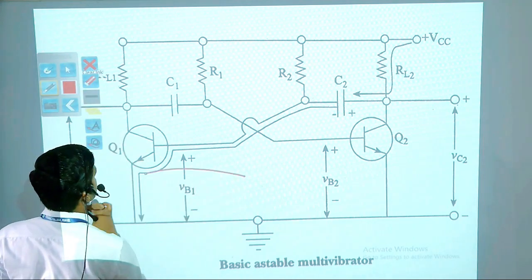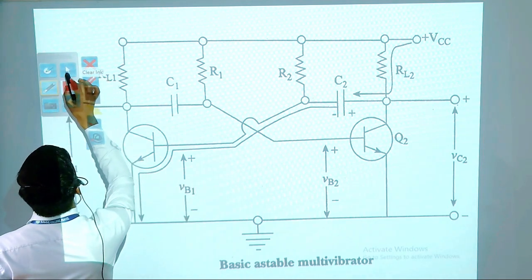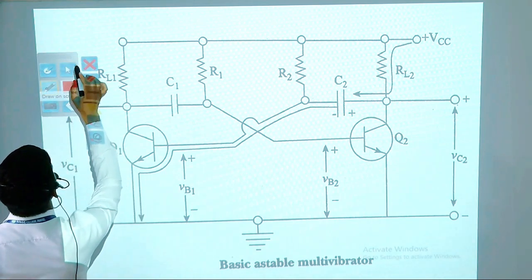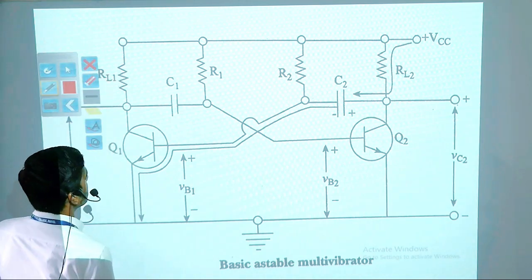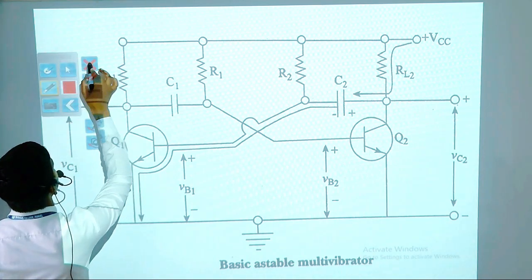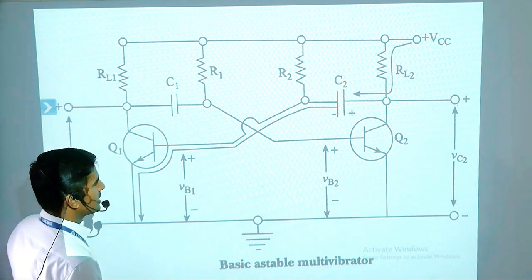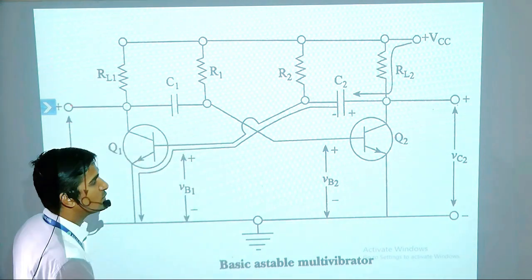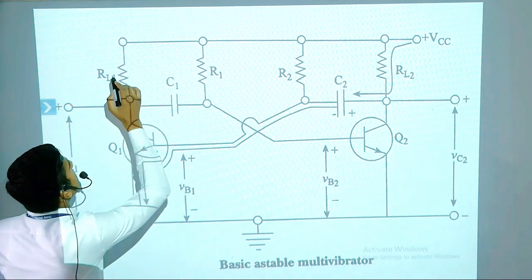Next, the second condition is Q2 on, Q1 off. How is Q2 on?